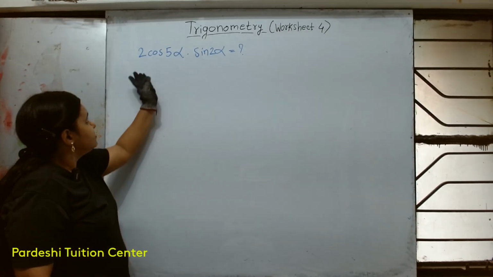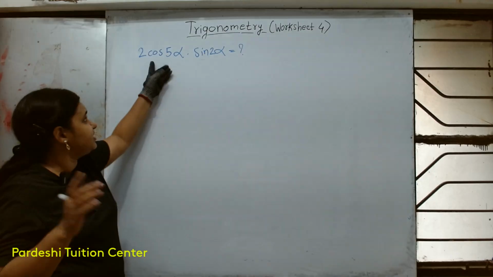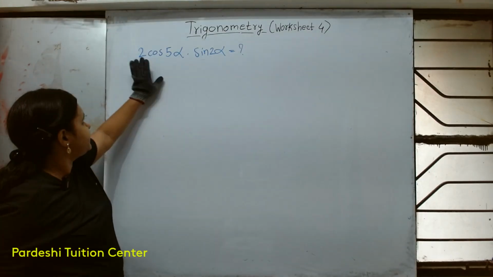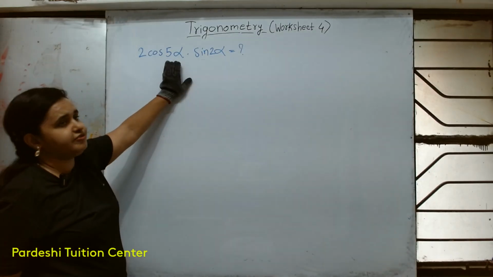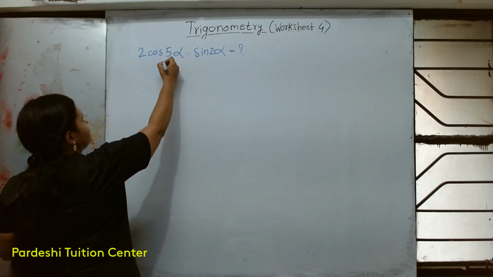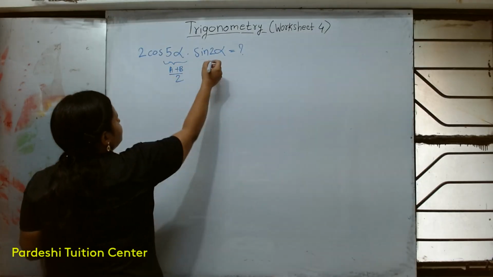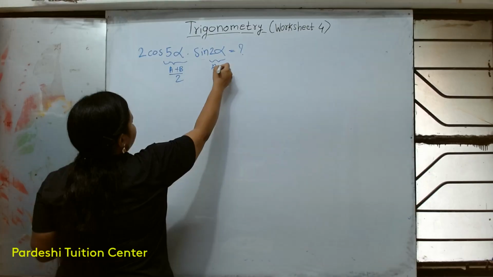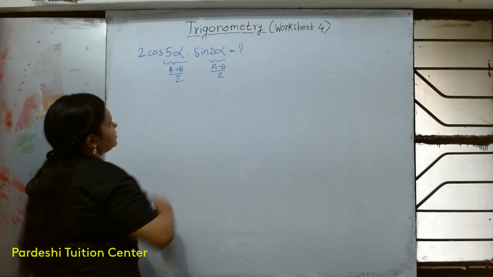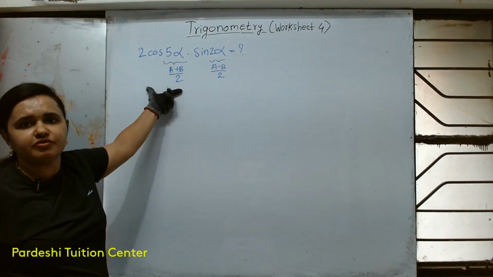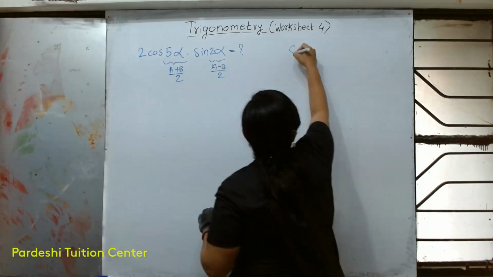Now, this is again in the form of the earlier question. It is again in the form of 2 cos, if I take it as a plus b by 2 and 2 alpha as a minus b by 2. Okay. So, this was the formula for sin a minus sin b.